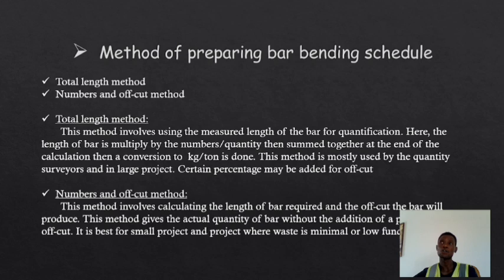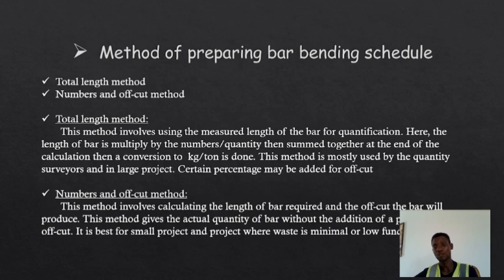The number and off cut method I think is very useful in a small scale job, as in a job where the fund is not much. Probably a job where the client does not have much fund and is interested in the material he's using. If you use this number and off cut method, it's going to give you the quantity of reinforcement you need.